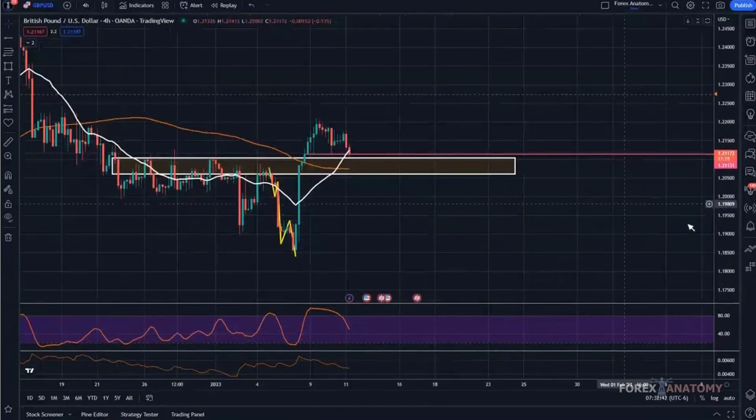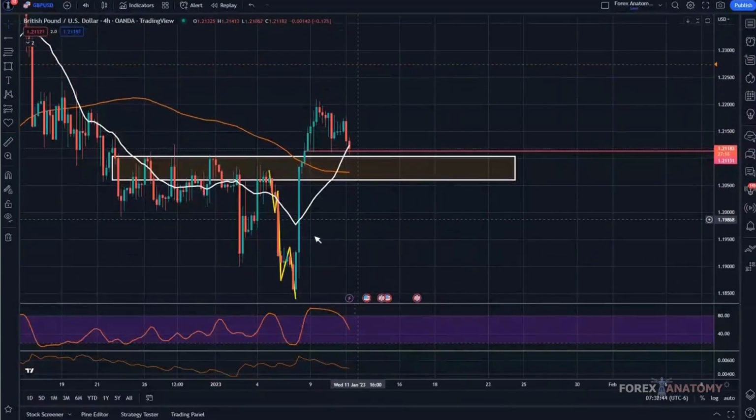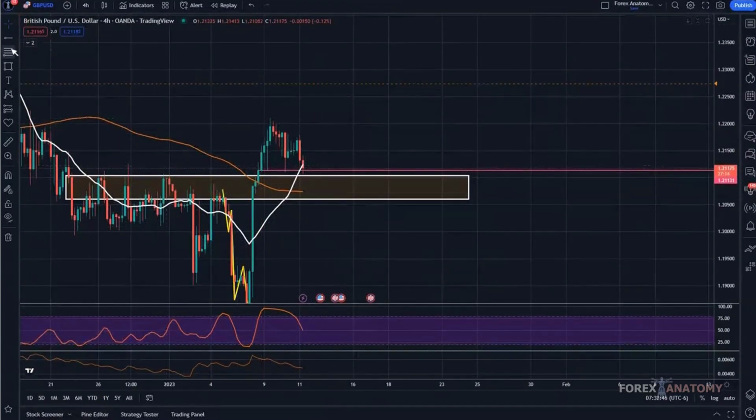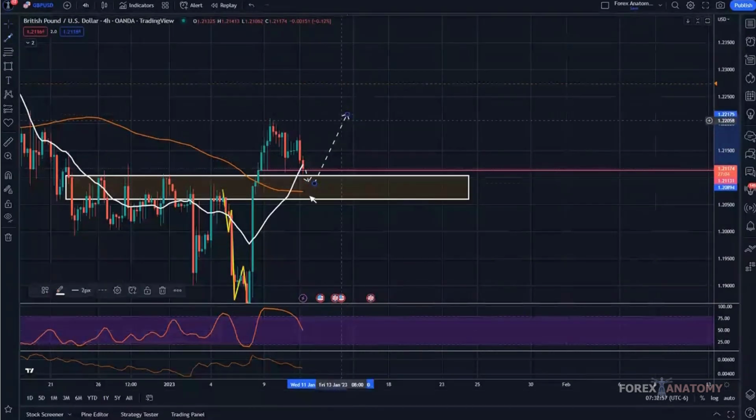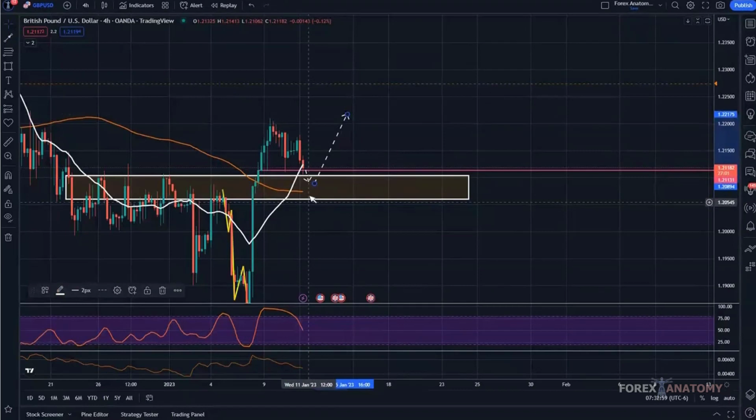So that's something that we can definitely look at and pay attention to, because what we may see is a potential bounce to the upside. Price may go a little bit deeper in this zone, and then from there we can see price possibly expand higher to the upside. That's a possibility.